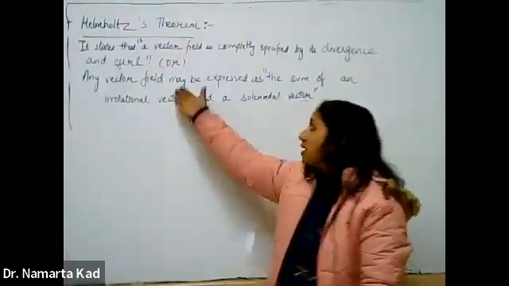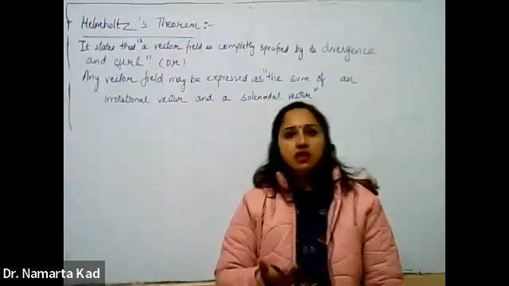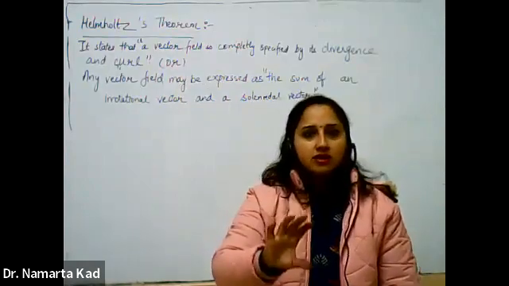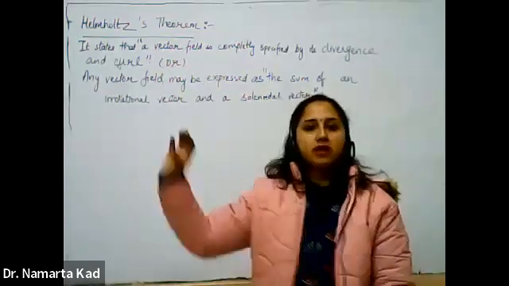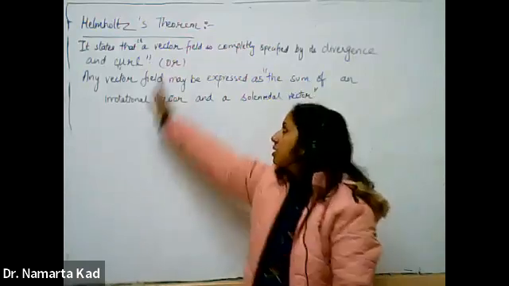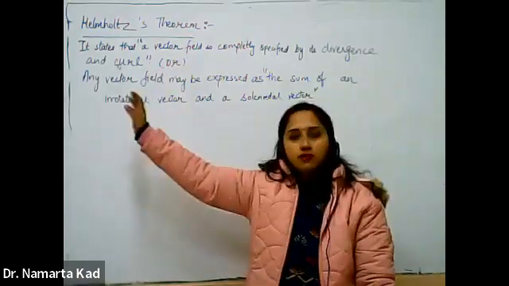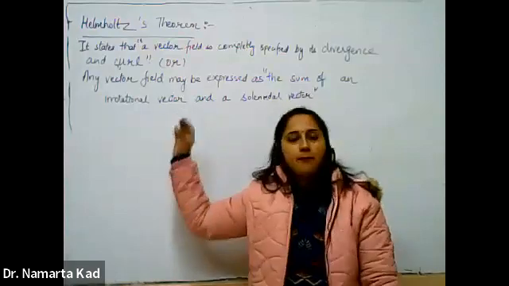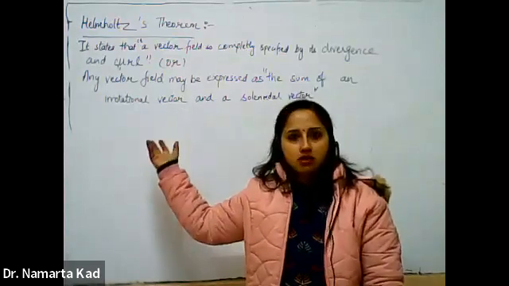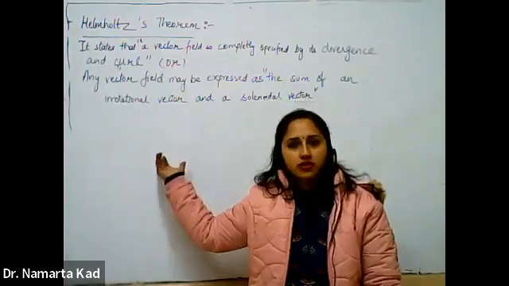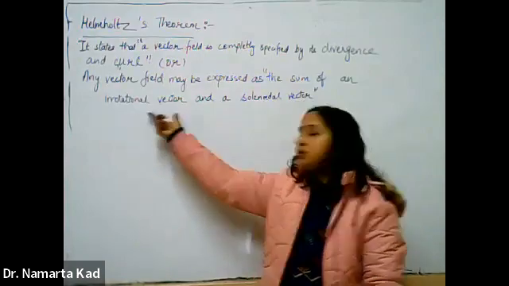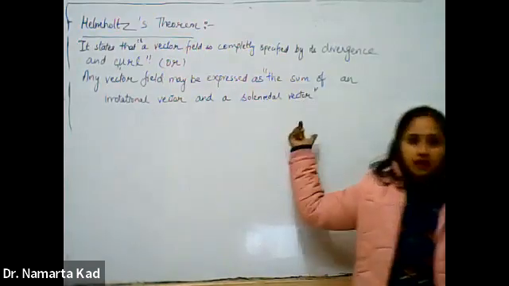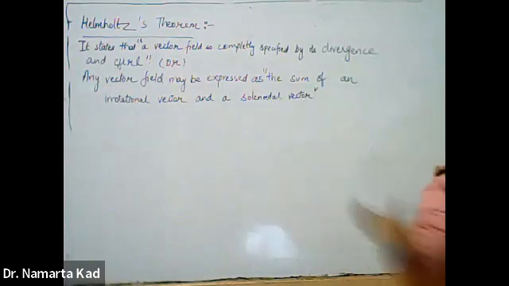So any vector field, let us suppose any vector A, is completely specified by its curl and divergence, that is del cross A and del dot A. That is specified by an irrotational vector and a solenoidal vector. A solenoidal vector has divergence 0 and an irrotational vector has curl 0.